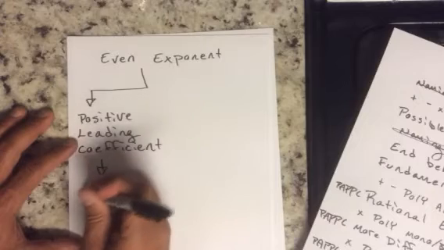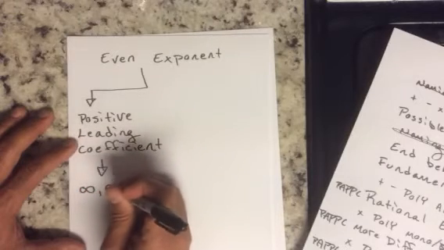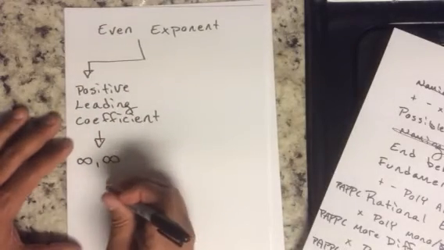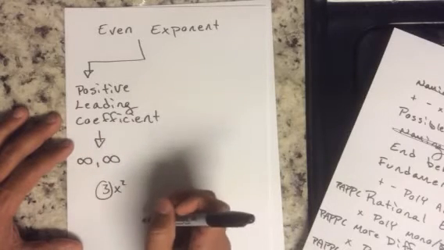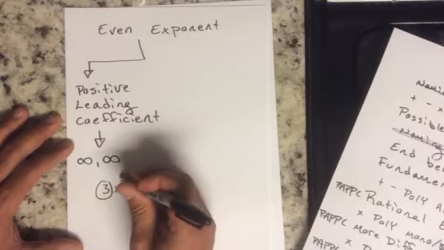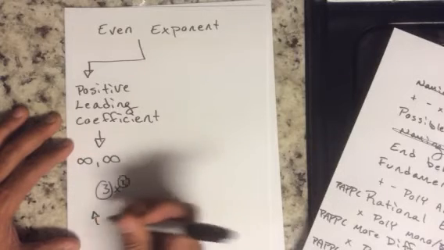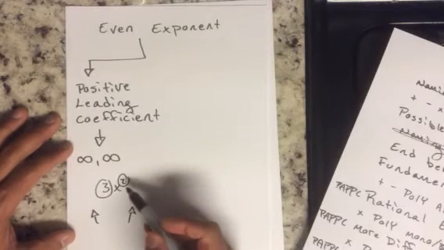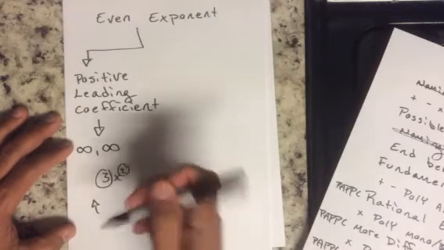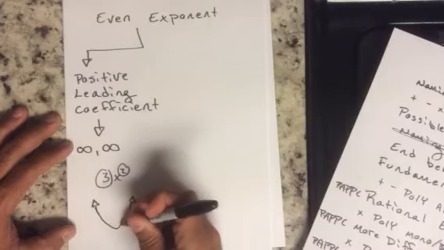It's going to go from infinity to infinity. So if I have something like this, positive leading coefficient, even exponent, it's going to go from infinity to infinity. Now from what I just said, this tells me it should go in 2 different directions. So it's going to go 1, 2.